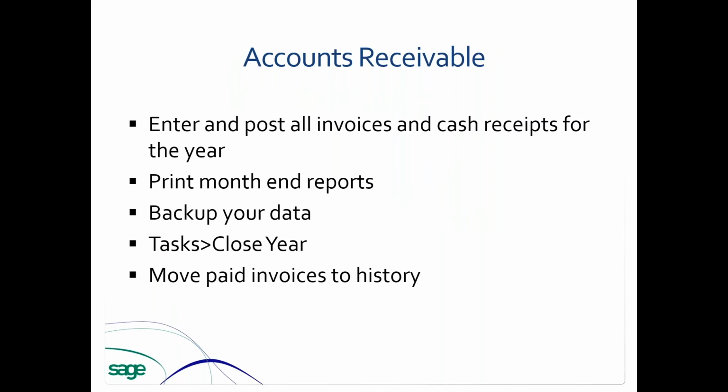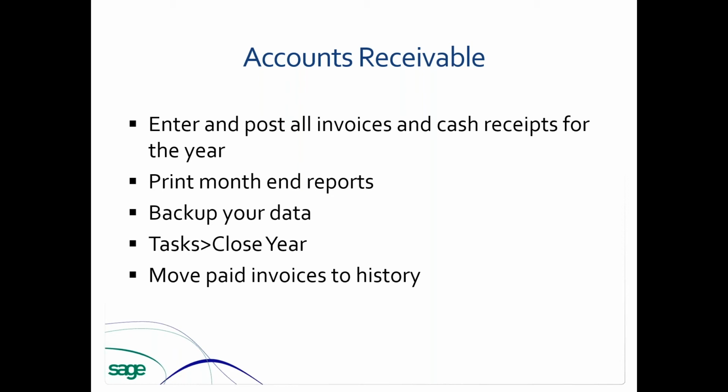Okay, the other applications we're going to talk about, this starts in Chapter 5 on page 24. We're going to talk about first accounts receivable. So again, we want to make sure that everything has been posted for the year. All your year-end stuff is done, your reconciliations.